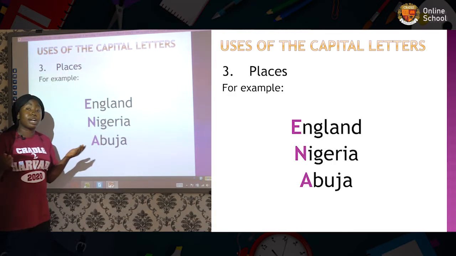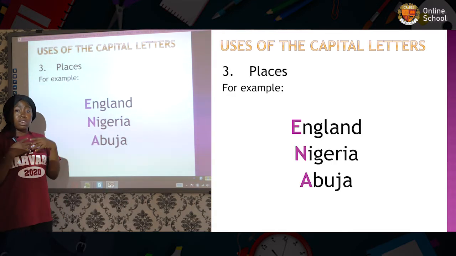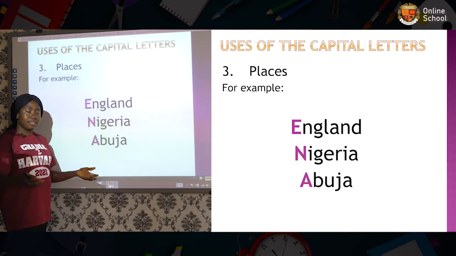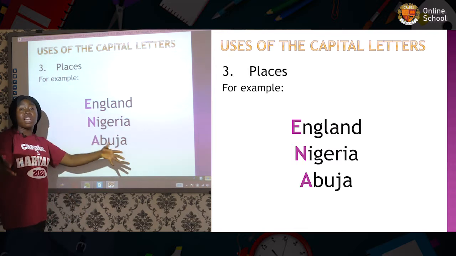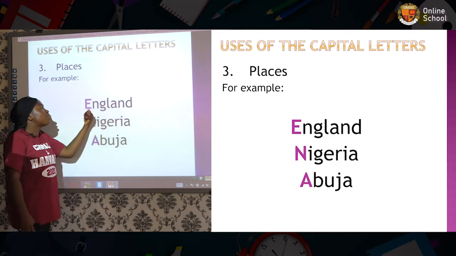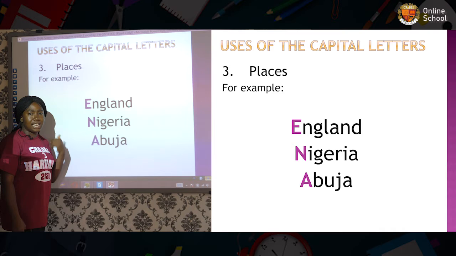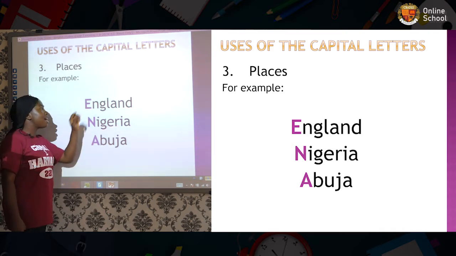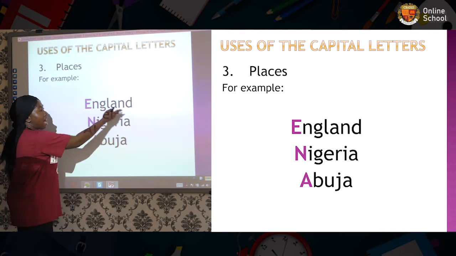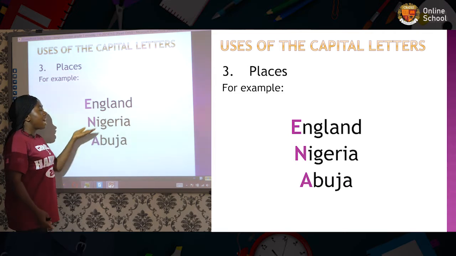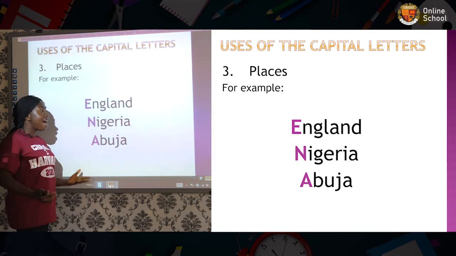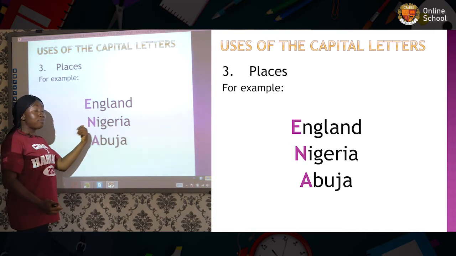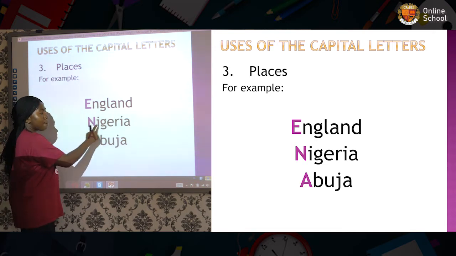When we want to talk about places, for example, we want to write about where we went for our last vacation, we went to England. We are not supposed to write with small letters. We write with capital letters, England. We have Nigeria. I'm a Nigerian, so if I want to write Nigeria, I don't write it with small letters, I write with a capital letter.